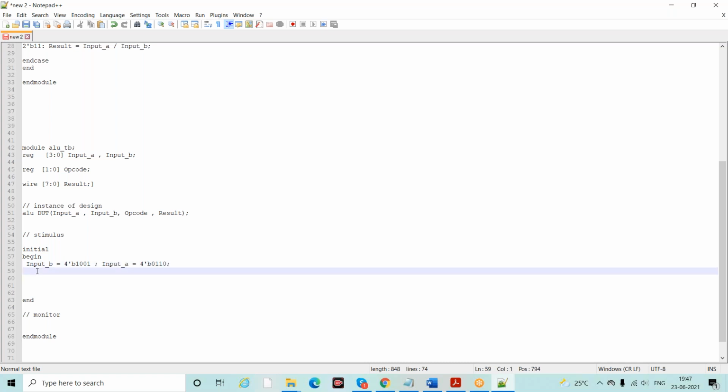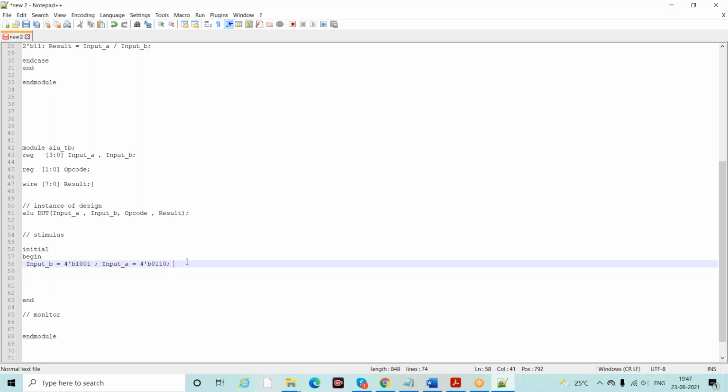Okay, so now in the meanwhile you have to give the opcode also here. What is your opcode? What thing should be performed? So your opcode is 2'b, because that is 2 bits. 2'b00.